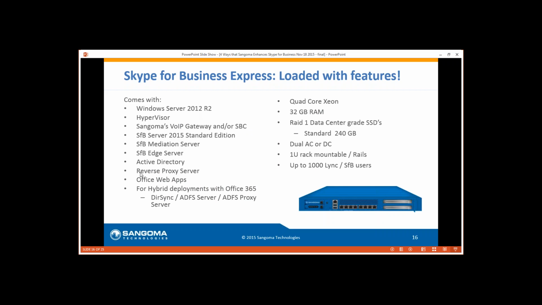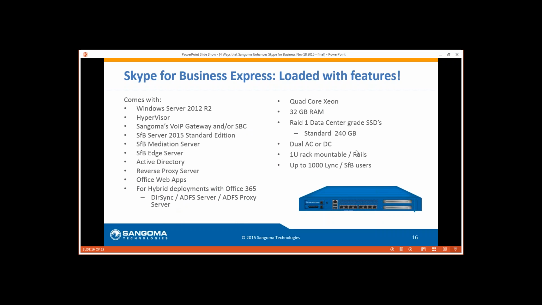We have an Active Directory, reverse proxy, Office Web Apps, and the synchronization and federation services tools that you need to authenticate or connect with the Microsoft cloud.